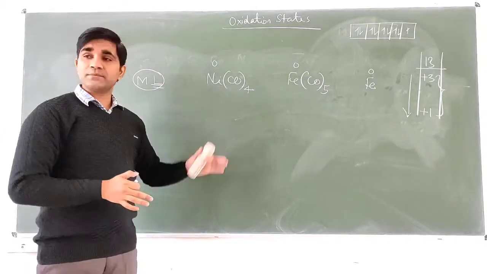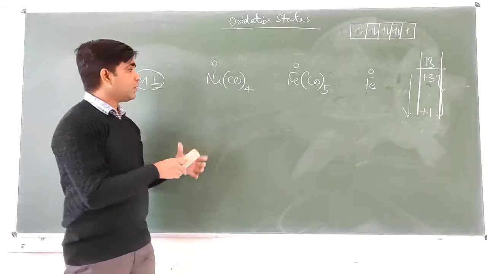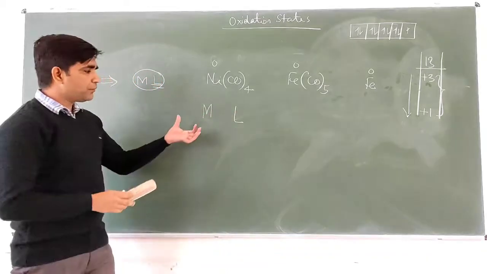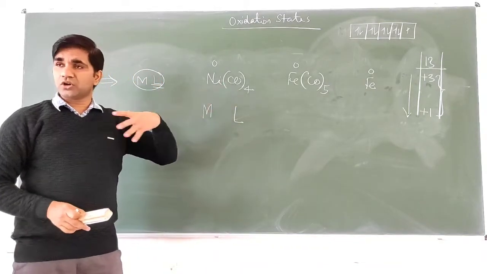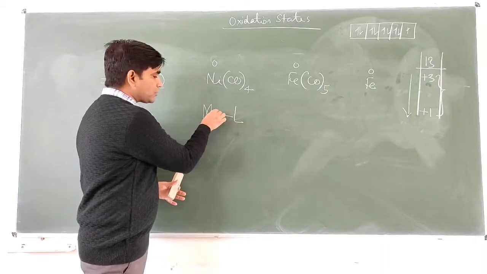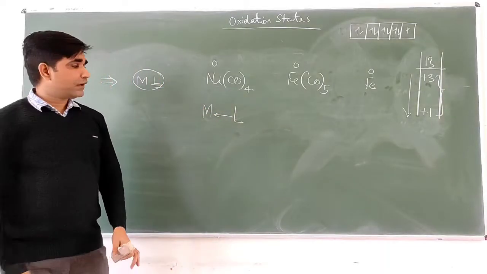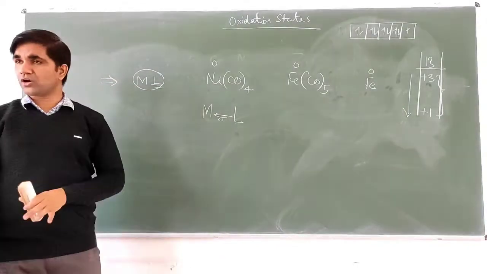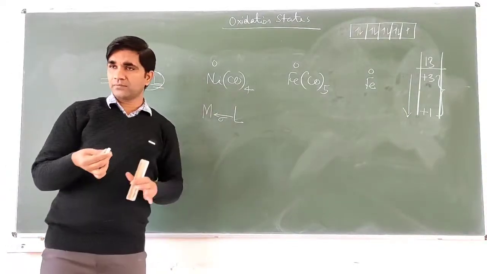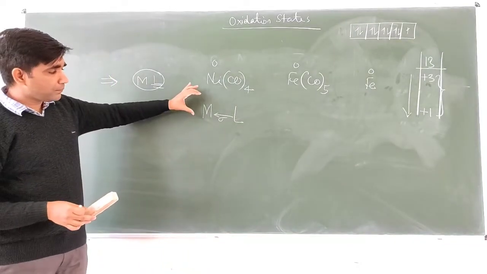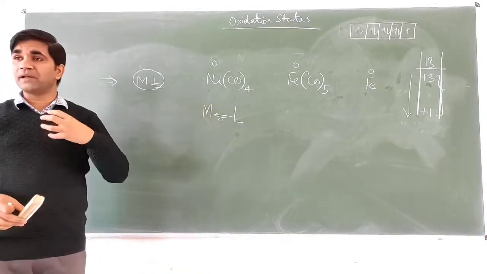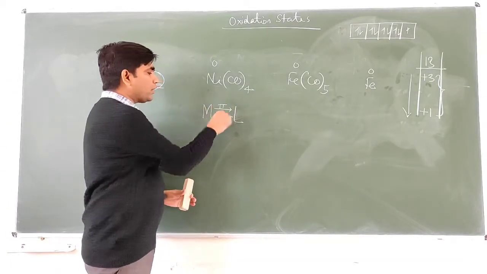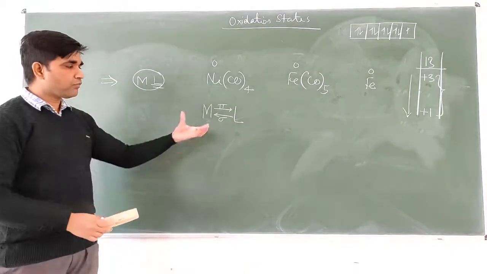Means two types of bonding are here. One is the bonding between metal and ligand. This is the ligand, means electron donor. So by donation of electrons from the ligand to the metal atom, a sigma bond is formed, which is a comparatively stronger bond. And at the same time, those electrons which are present in the metal as paired d electrons, they donate electrons and a pi bond will form.